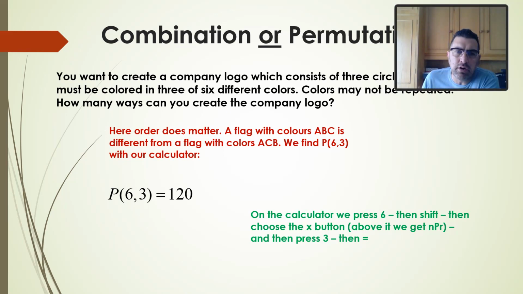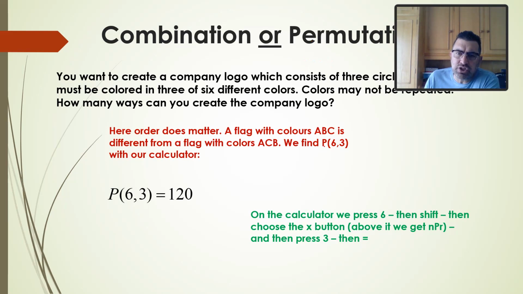Well, here order does matter. A flag with colors A, B, C is different from a flag with colors A, C, B. We find, therefore, permutations. We're arranging colors on a flag.